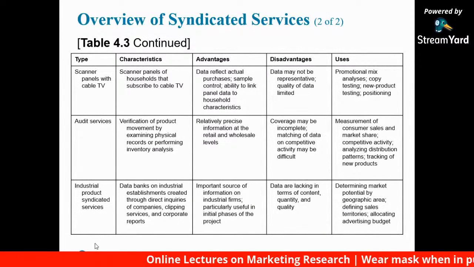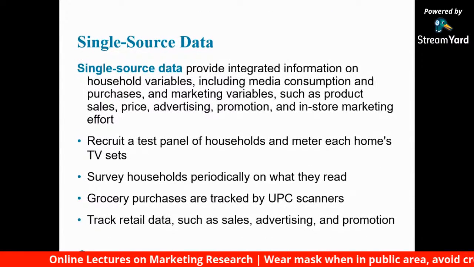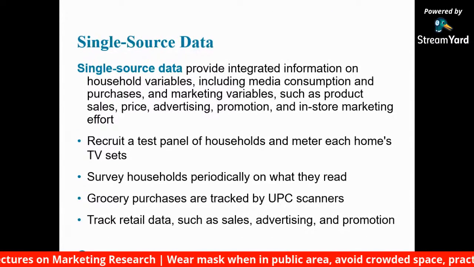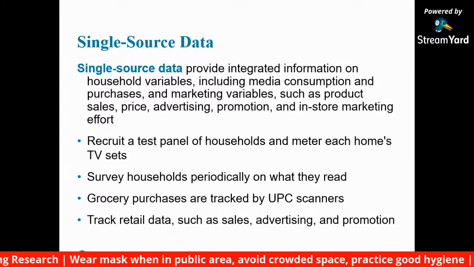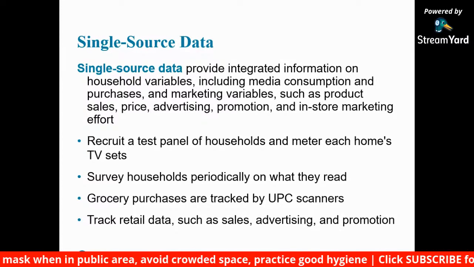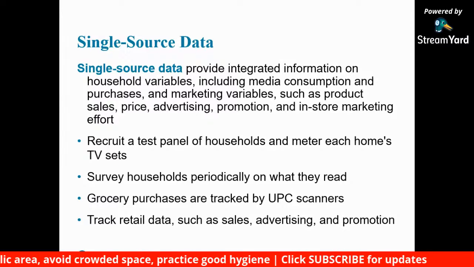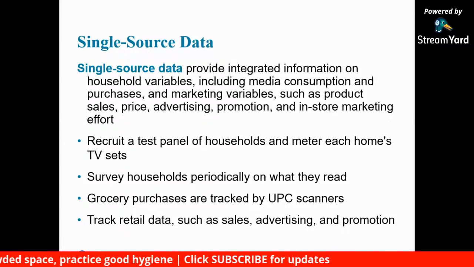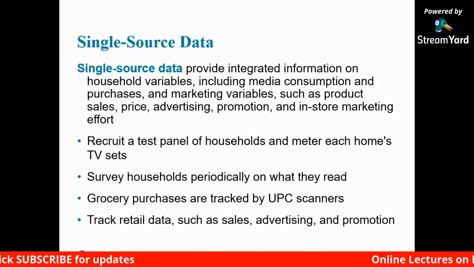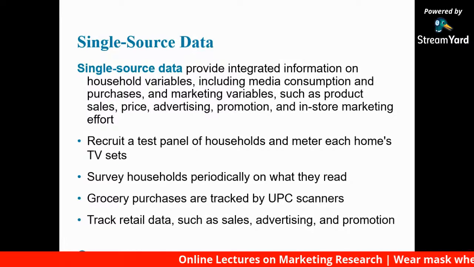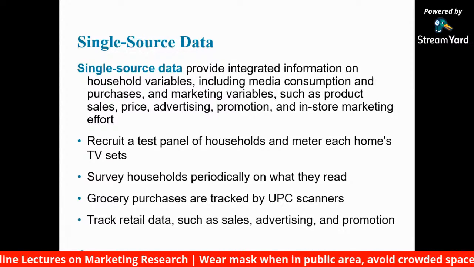Single source of data. Single source data provide integrated information on household variables, including media consumption and purchases, and marketing variables such as product sales, price, advertising, promotion, and in-store marketing effort. Recruit a test panel of households and meter each home's TV set.